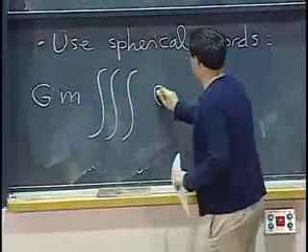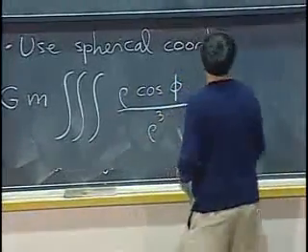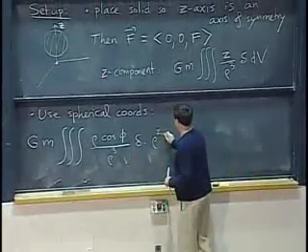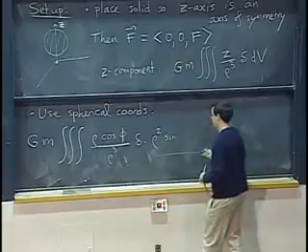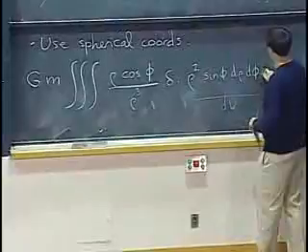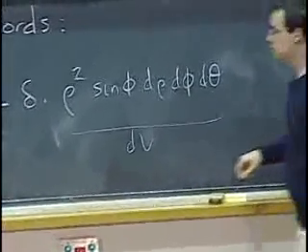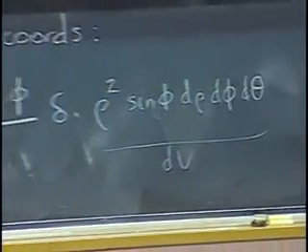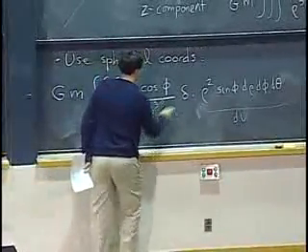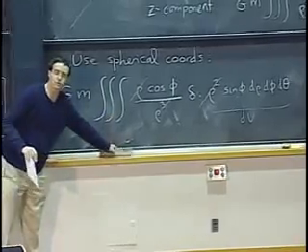Z in spherical coordinates becomes rho cosine phi over rho cubed. Density, well, we can't do anything about density. And then dV becomes rho squared sine phi d rho d phi d theta. Well, what happens with that? You see that you have a rho squared and a rho cubed that cancel each other. So in fact, it simplifies quite a bit if you do it in spherical coordinates.